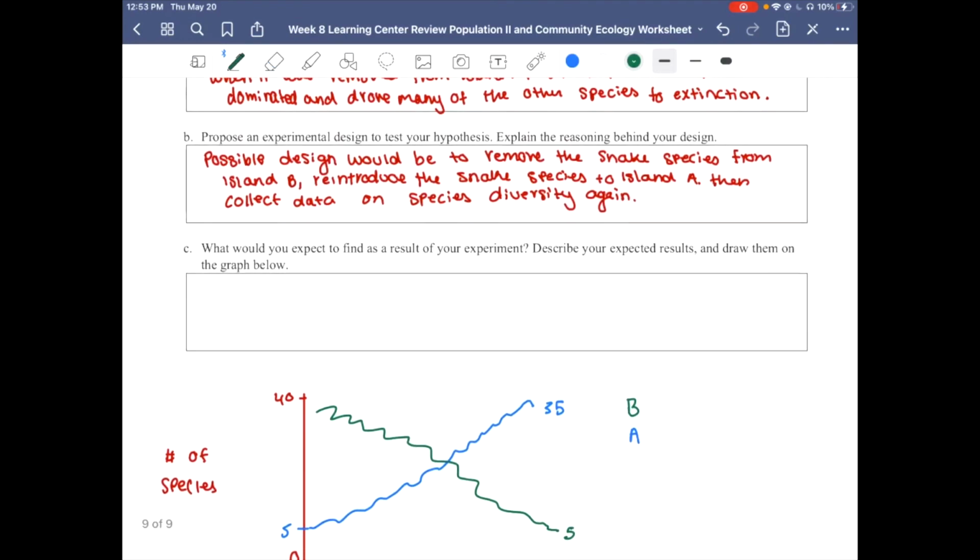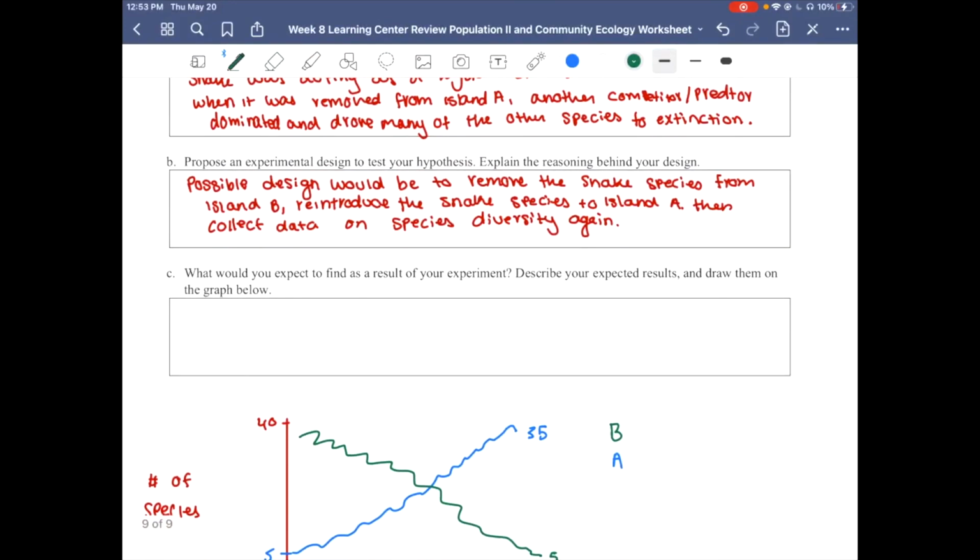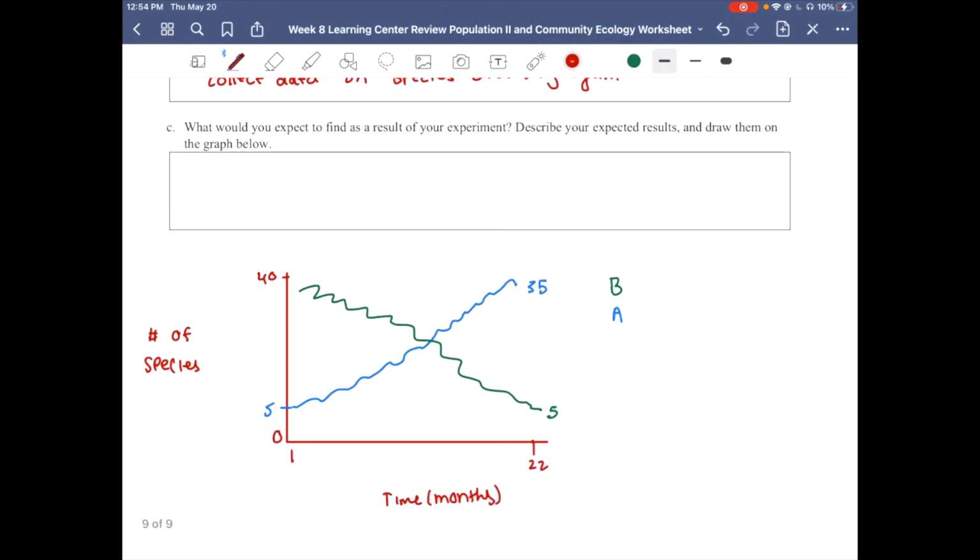So in part B, we talked about how a possible design would be to remove the snake from island B and then reintroduce it in island A. If our hypothesis were true, then we would notice a graph like the one that I just drew.